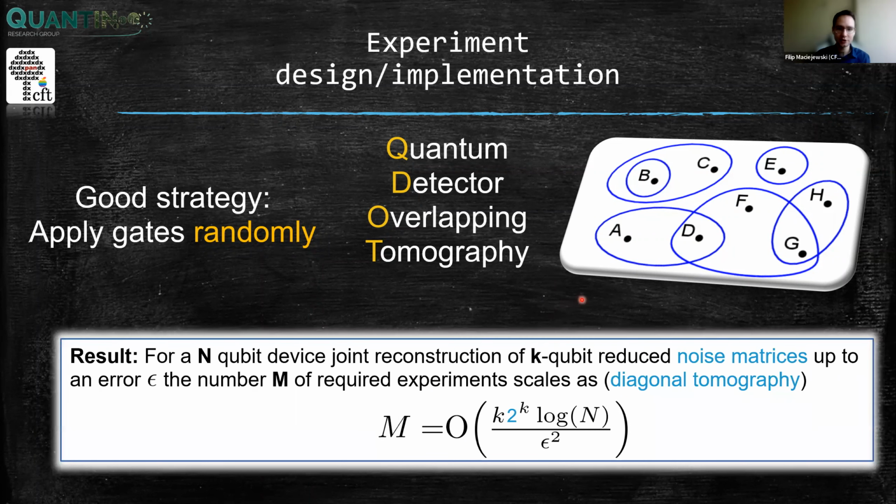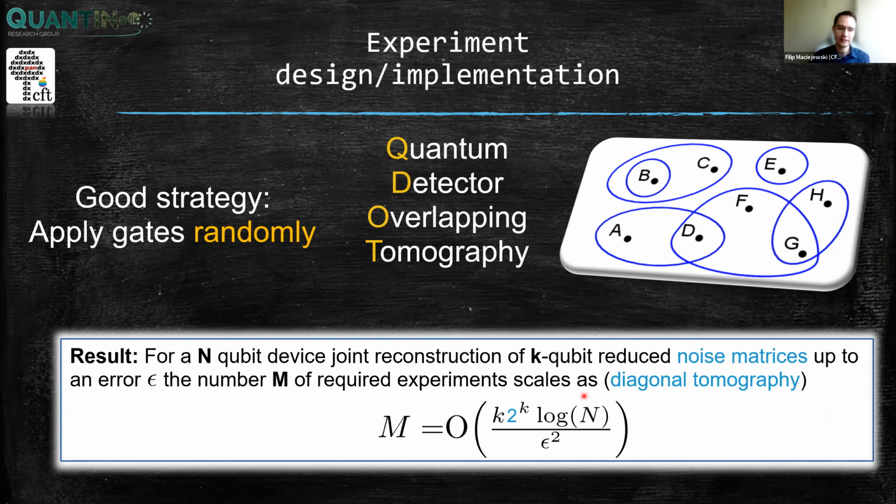And one can show that for such a randomized construction, in order to characterize noise matrices on all k-qubit subsets up to some error epsilon in matrix elements, it suffices to perform a number of experiments that scales like this. So this is what I was indicating on the previous slide.